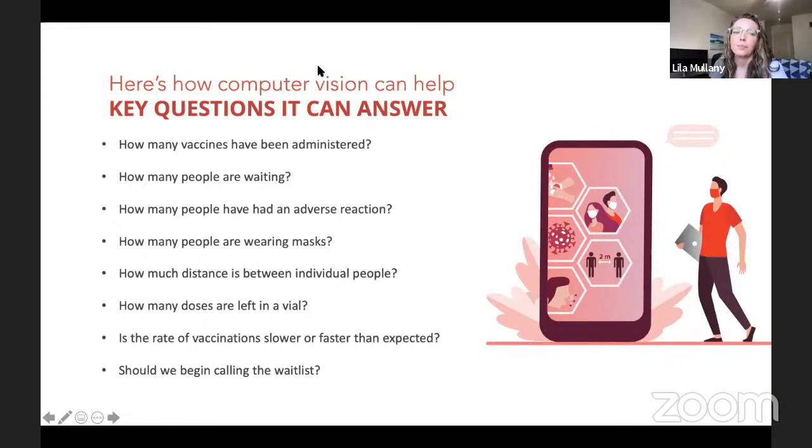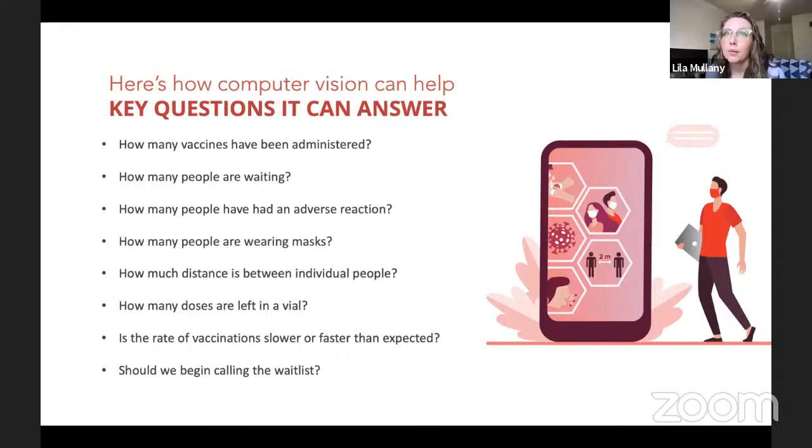But in general, computer vision is the process of a computer being able to analyze an image and make inference about what that image contains, much like a human would. And so that allows us to answer some basic questions like, are there people in this image, or where are the people in this image?